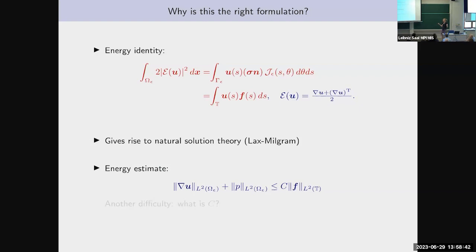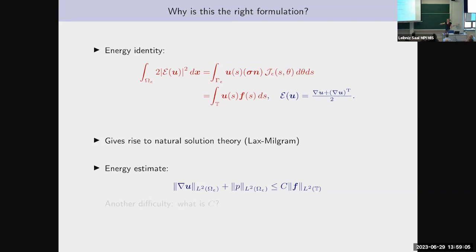So first of all, or really the main reason, is that it satisfies a very natural energy identity. So if you just take this PDE, multiply by U, integrate by parts, then we get this very natural energy identity out of it. So on the left-hand side, we have the viscous dissipation throughout the fluid domain, right? So this is the symmetric gradient.